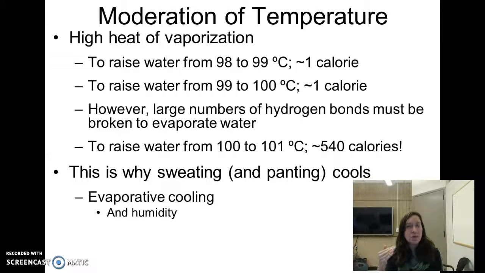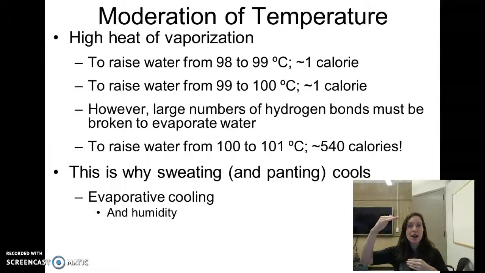But to break that boiling point, to go above 100 degrees to the point of vaporization for water, we have to apply a lot more heat. It's about 540 calories worth of heat energy to break the hydrogen bonds between water and allow water to vaporize. Okay, so some people say a watched pot never boils, and I think that has this molecular reasoning behind it, because you can heat up water, and heating water takes time, and we're adding heat to the water.